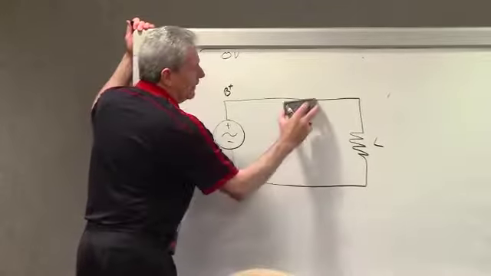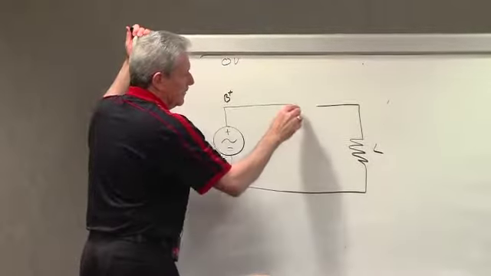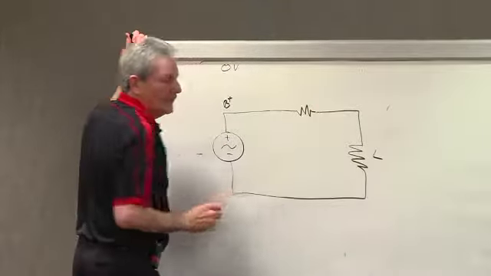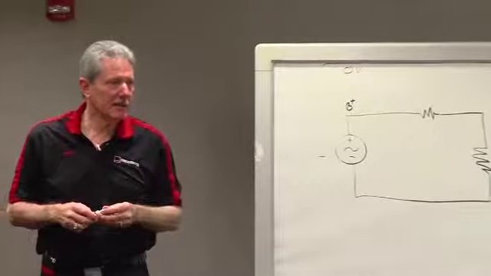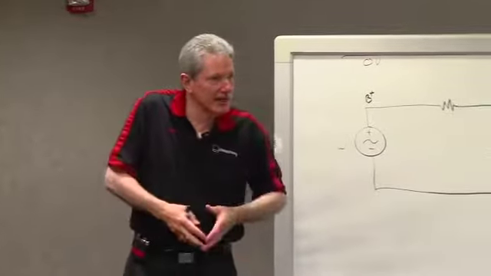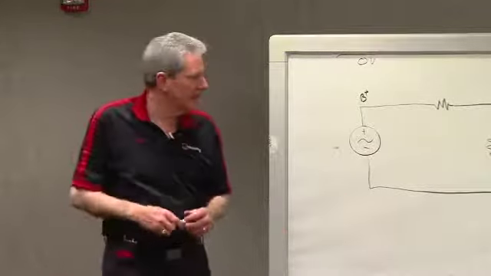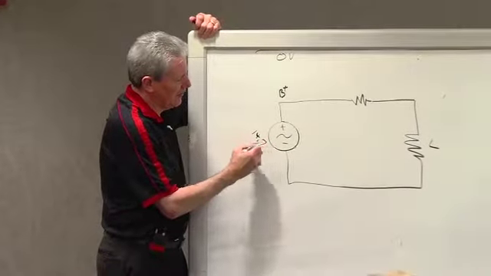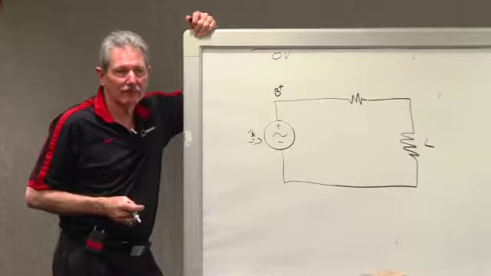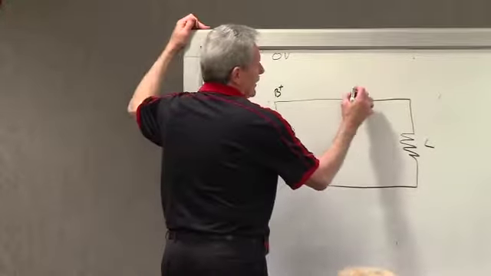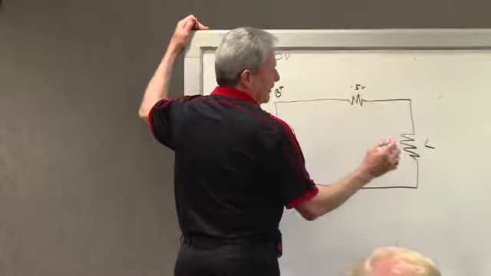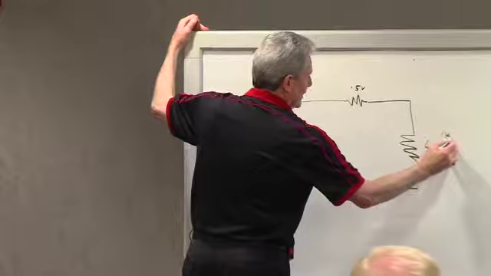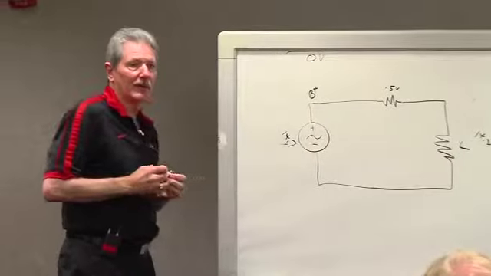Let's talk about a little resistance here. All wires have resistance, so there's a small amount of resistance, and the longer the wire, the more resistance. Let's say, for talking purposes, that this was 14.7. That's the set point. If I'm dropping 0.5 volts across here, I'm only getting 14.2 volts here.